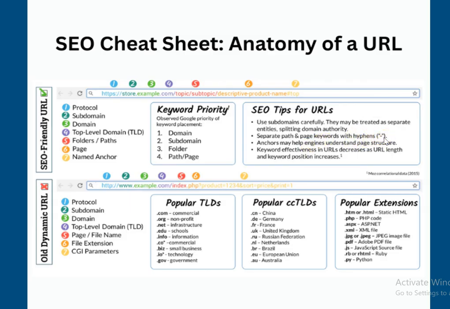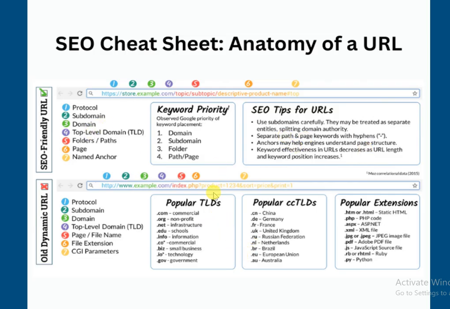We should always use hyphens instead of underscores, because hyphens separate the words, whereas underscores don't separate the words from a search engine point of view. Anchors may help engines understand page structure and also keyword effectiveness in the URL. As I mentioned, we should use the keywords in the URL.